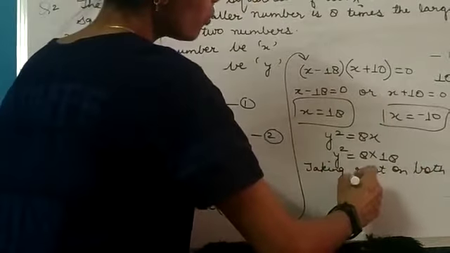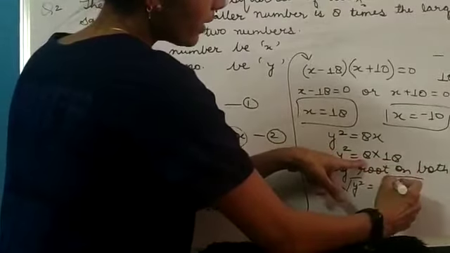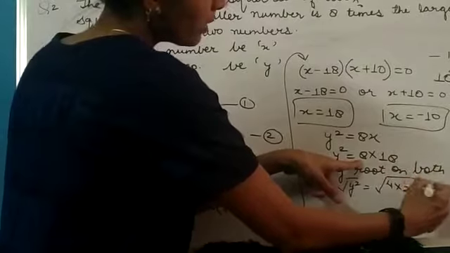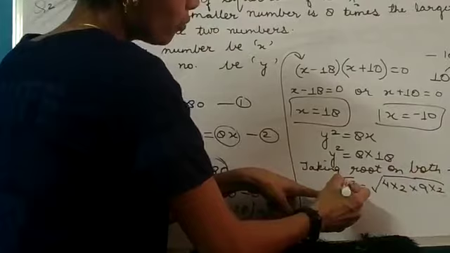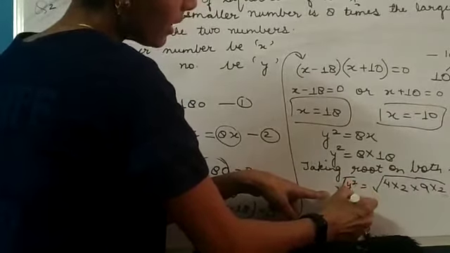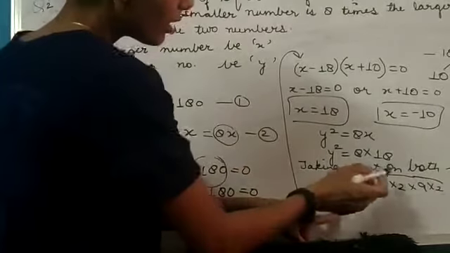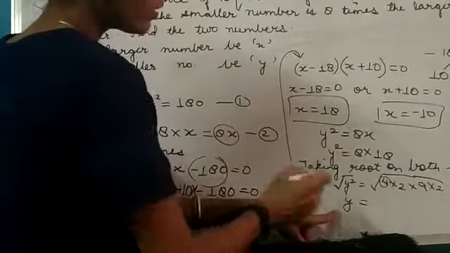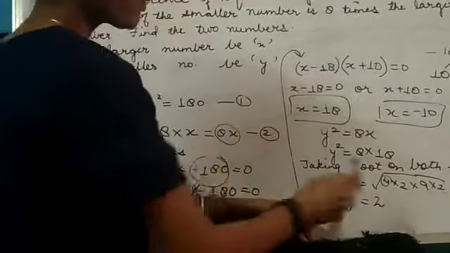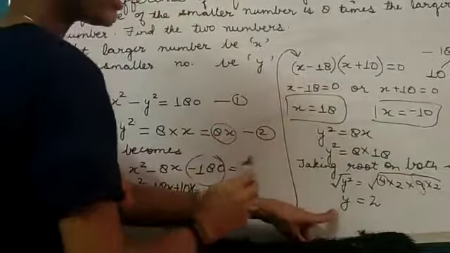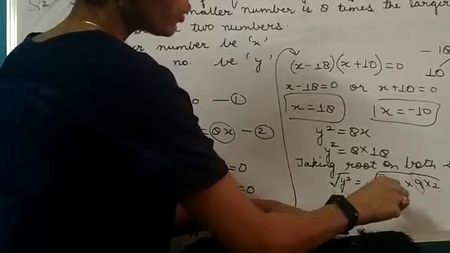If I take the root of y square, and the root of 8 can be written as 4 into 2, and 18 can be written as 9 into 2. Now, the root of any square term will be that term only, so this will be y only. And here you can see 4 is a perfect square number, so if it is taken out of the root, it will just give me 2. 9 is again a perfect square number, so if it is written out of this root sign, this will give me just 3.